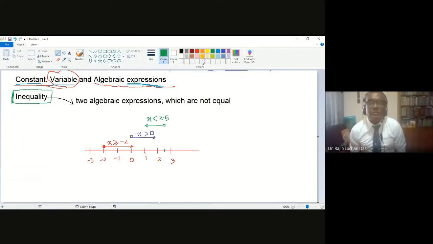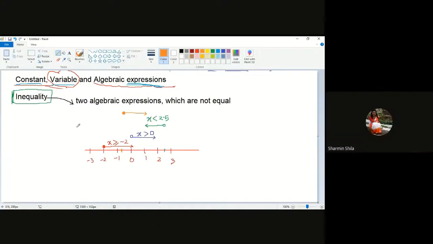Let me write another one, that is the orange color. Say I am writing this, filled. And then what will you write for this? X greater than or equal 0.9.